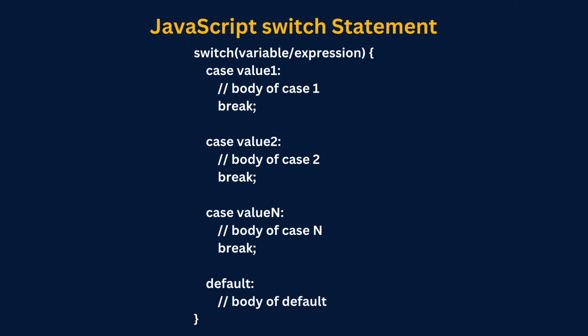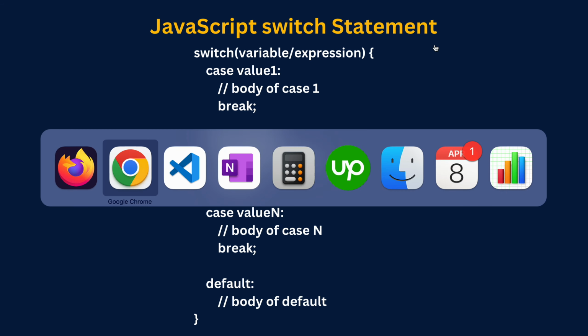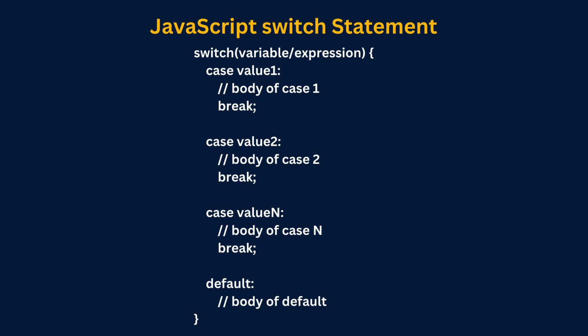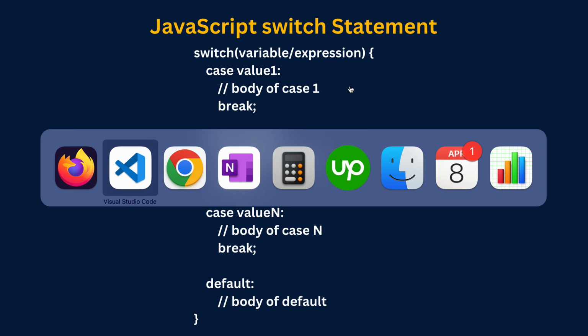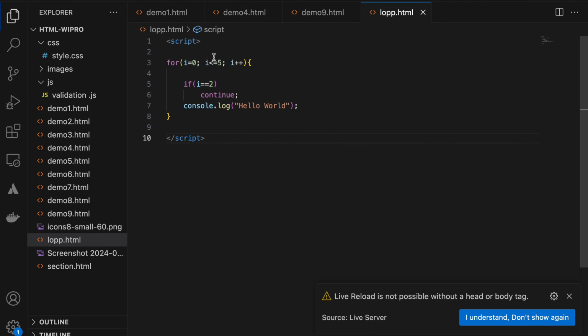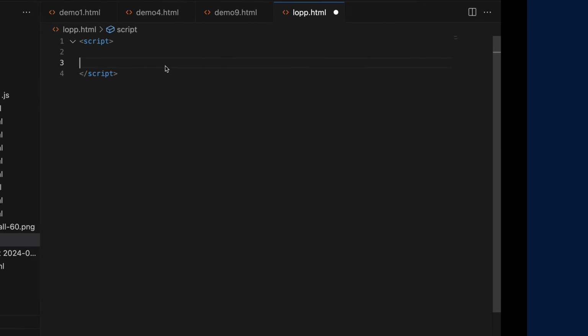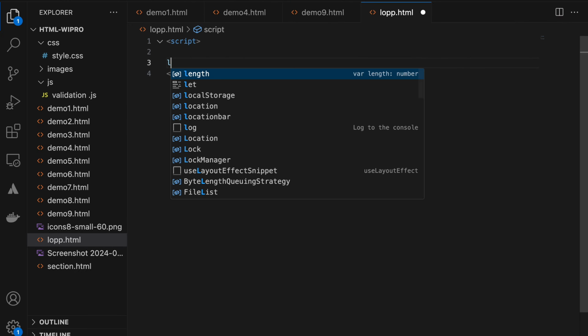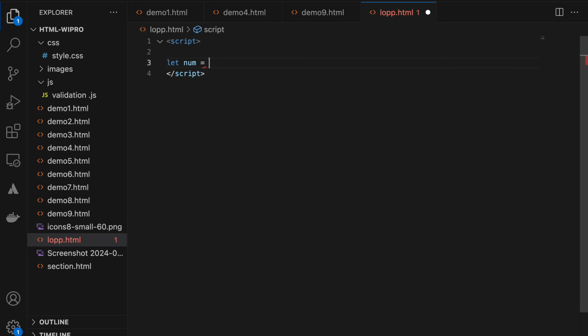There is also the switch statement in JavaScript. Sometimes we need to use those in our code. We'll also see this in PHP, but for now, suppose, how is it written? First is switch. Suppose I am giving let num equal to 2.